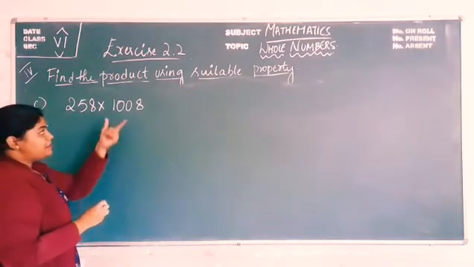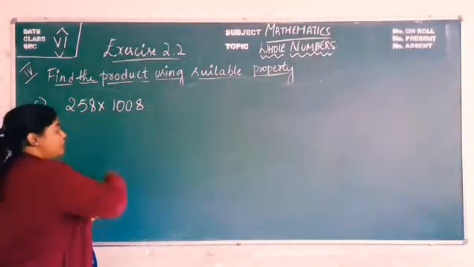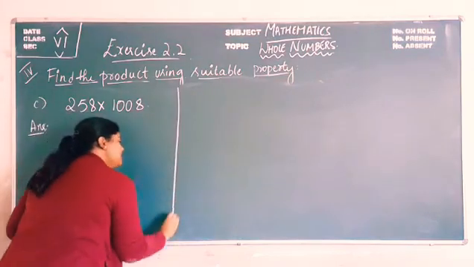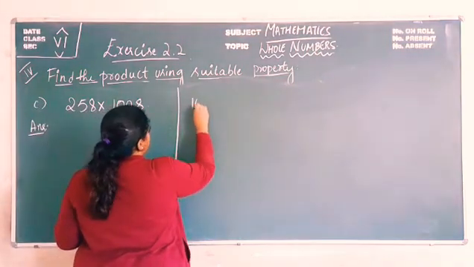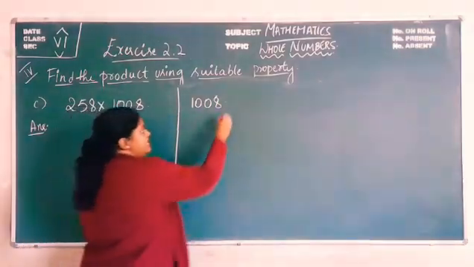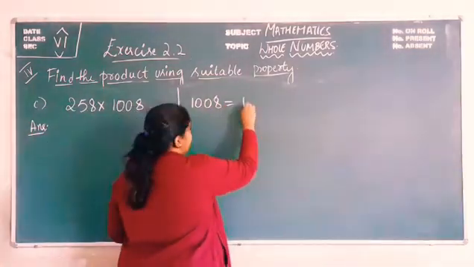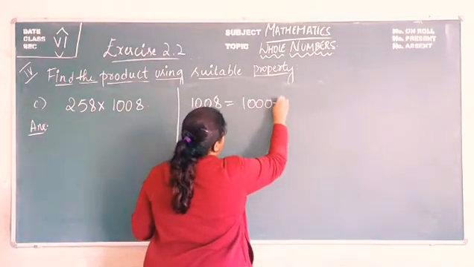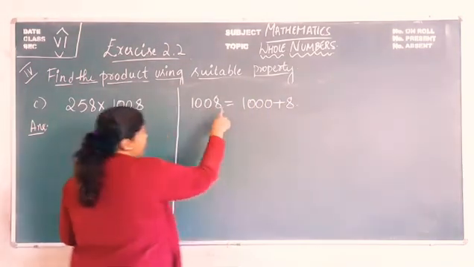Yes, I can split 1008 as 1000 plus 8. In place of 1008, I can write 1000 plus 8, because 1000 plus 8 is nothing but 1008.